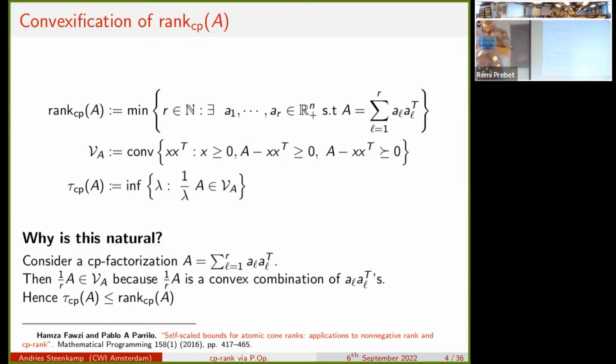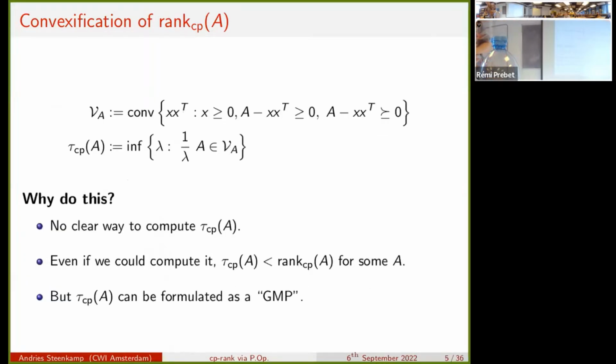Okay, so are we out of the woods yet? We just compute tau CP and then we have something? No, not quite. There's no clear way to compute tau CP directly because that convex hull is a bit weird to characterize, and optimizing over it doesn't get easy. And even if we could compute it, it is a convexification of a combinatorial parameter, so there are examples where you have a strict inequality.